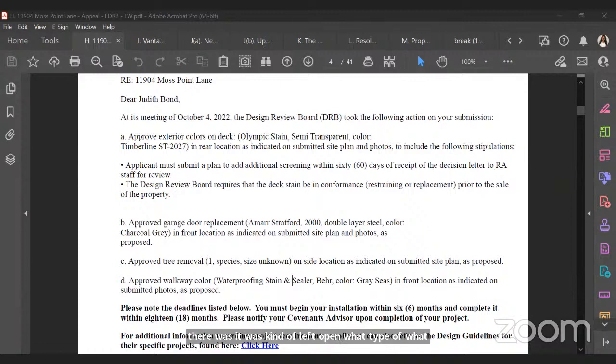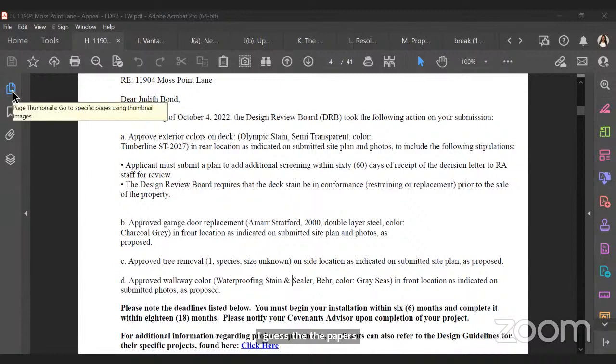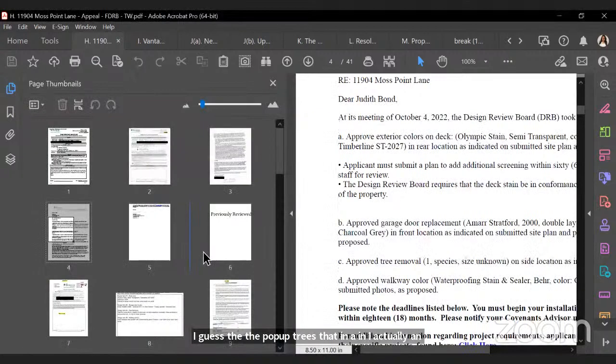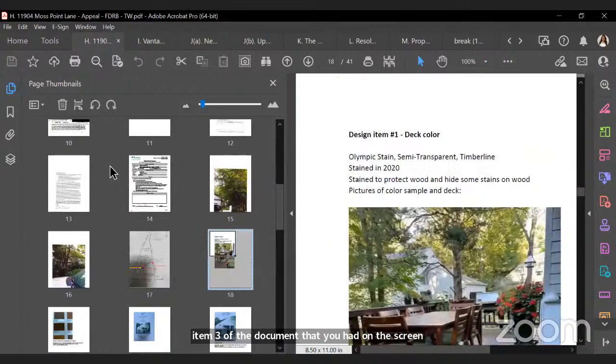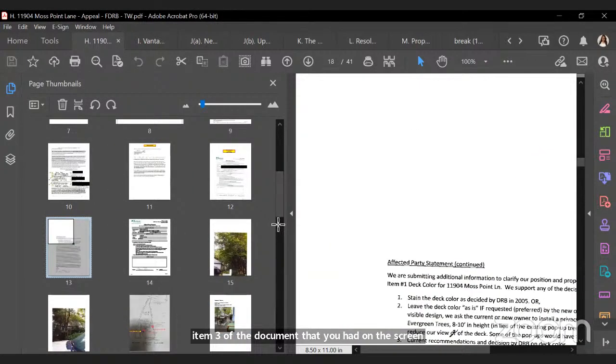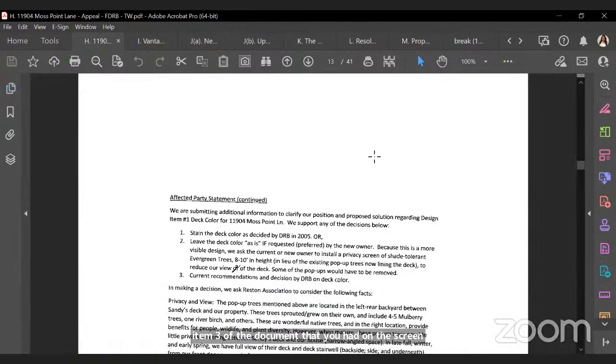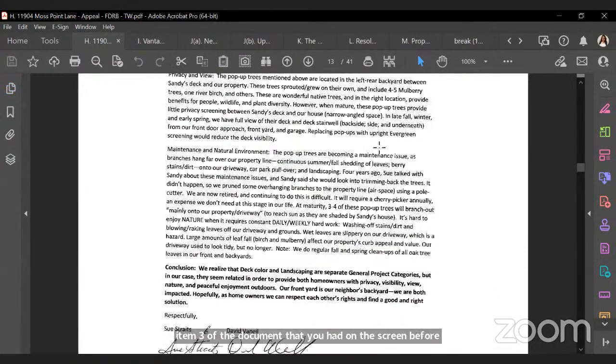And then the issue of removing the pop-up trees, in item 3 of the document that you had on the screen before, is something that we think needs to be done as well.